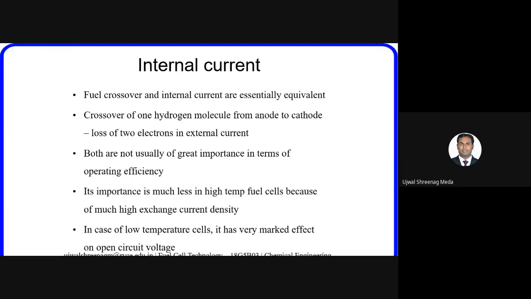Okay. So now we have realized that there are four types of losses, and compared to the other three types of losses, this particular loss because of fuel crossover and internal current is comparatively of less importance.